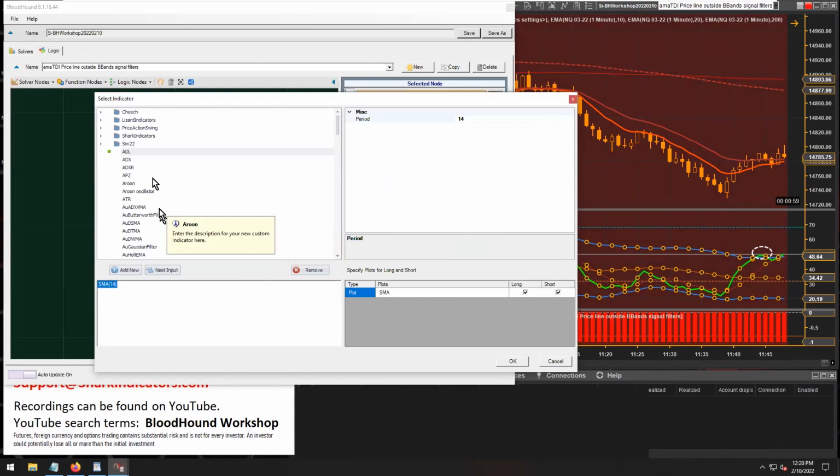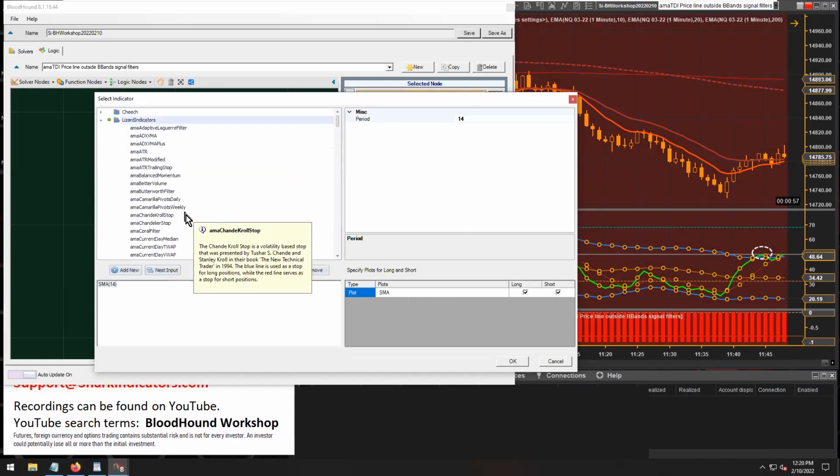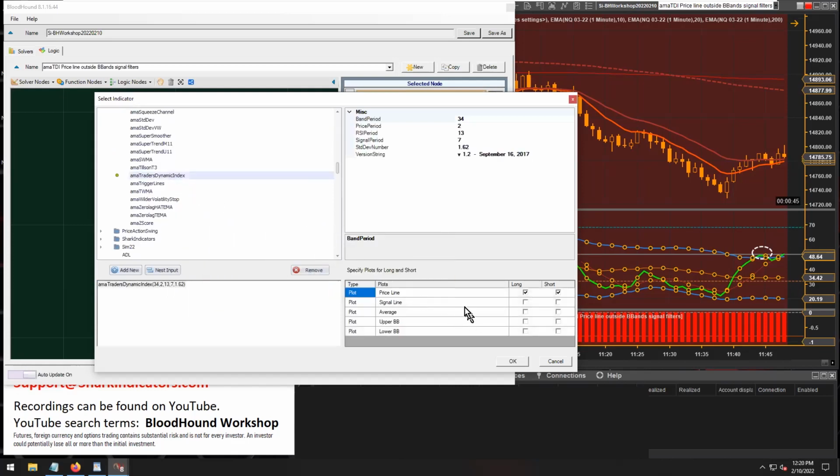All right, let's grab this again. So if the price line is above the lower band, then we're good for a long. If the price line is below the upper band, then we're good for a short.